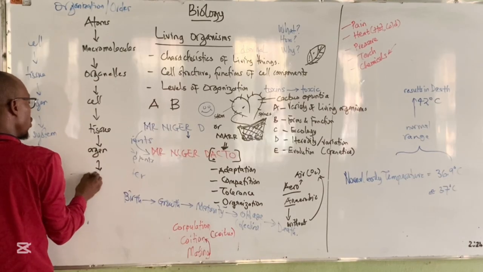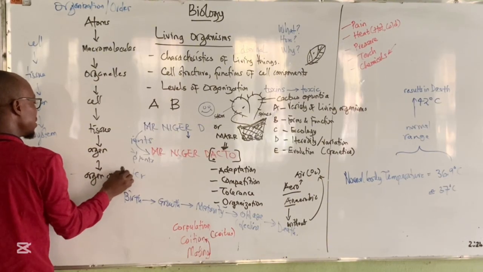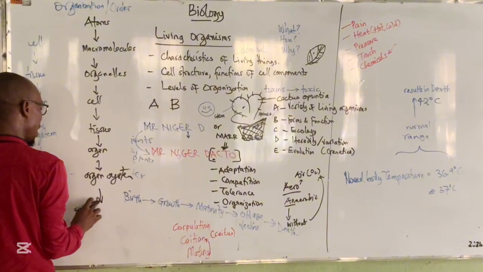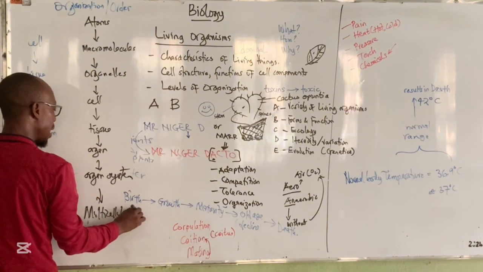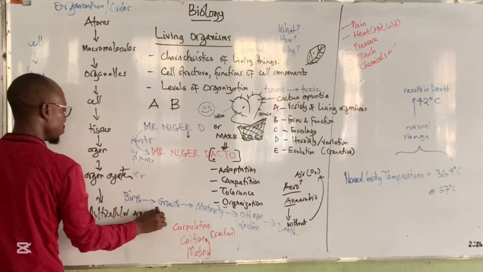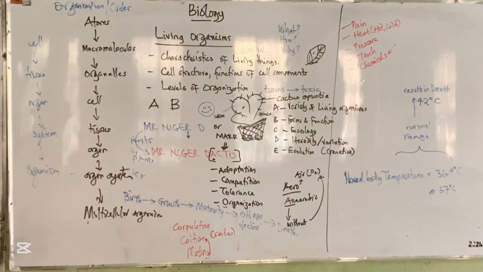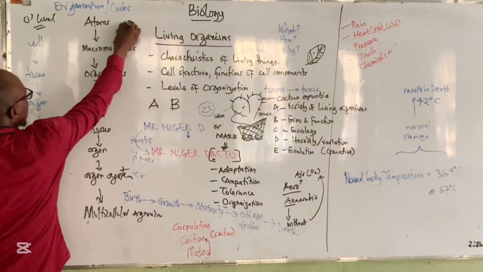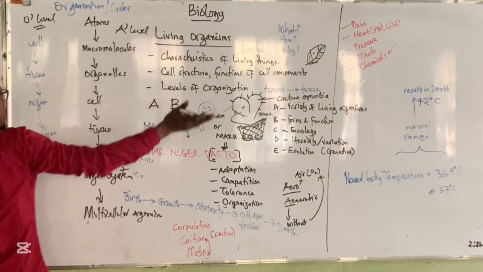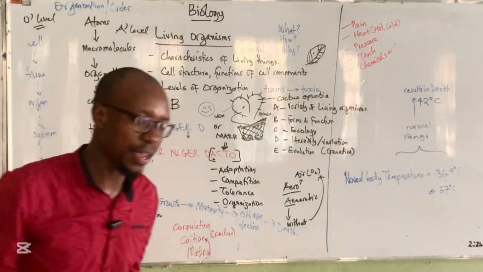From organ, we have organ system. Then after organ system, we have multicellular organism. So you can go with any one. O-level biology, anyhow you want to learn it, no problem. The two are correct, it's fine.